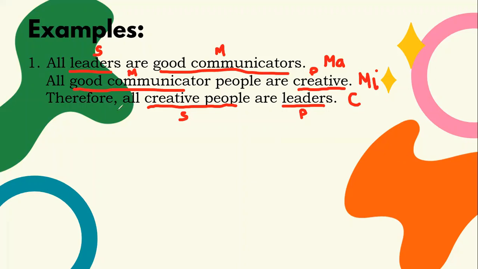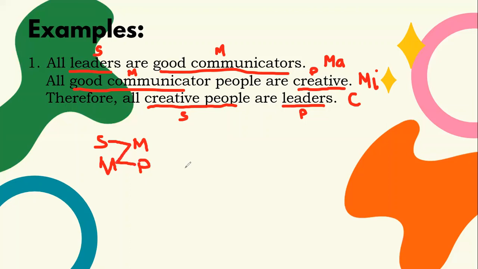Dito po natin makikita yung pwedeng maging mood. Pag na-identify natin yan, dito natin makikita yung mood ng ating categorical syllogism. By the symbols used natin, S, M, P. Ibig sabihin ito, papunta dyan, M, and then doon.